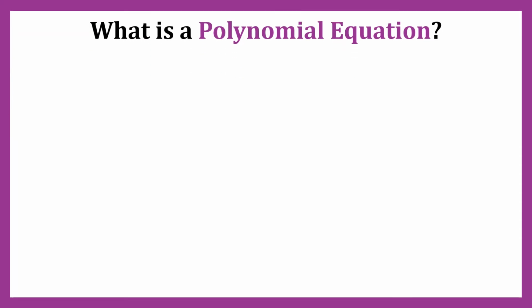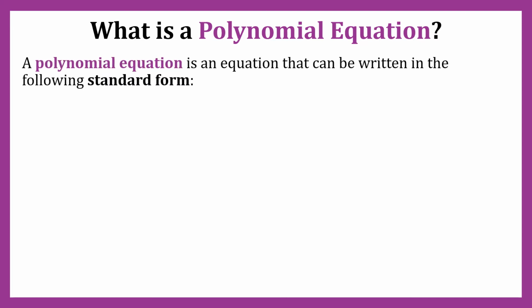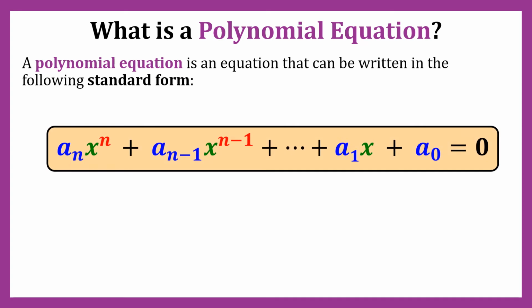Now that we have talked about polynomial expressions, let's now consider the question, what is a polynomial equation? A polynomial equation is an equation that can be written in the following standard form. Notice that this form is considered an equation because it has an equal sign. Also in this form, we have the polynomial expression located on the left side of the equal sign.